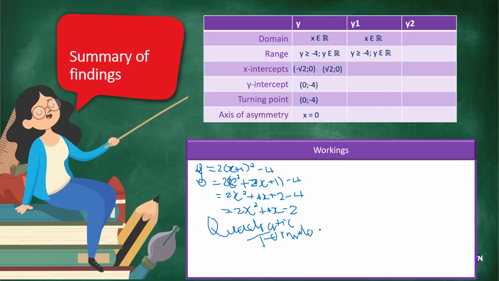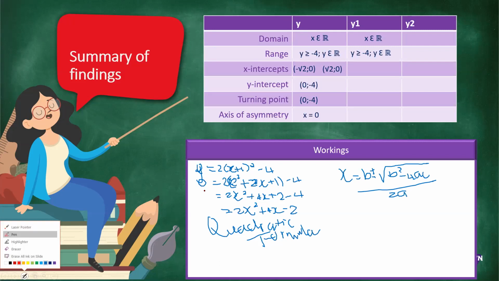The quadratic formula simply says x is equal to minus b plus or minus the square root of b squared minus 4ac, over 2a, right? What we also know is when we name our graph, this is a, this is b, and this is c.